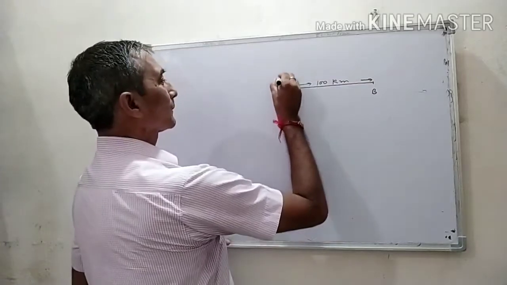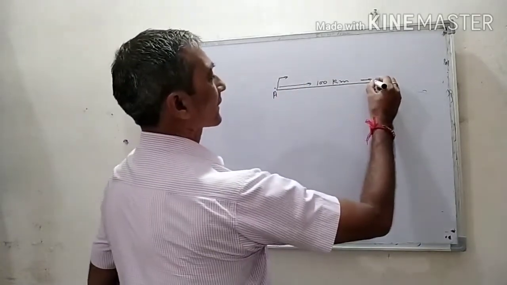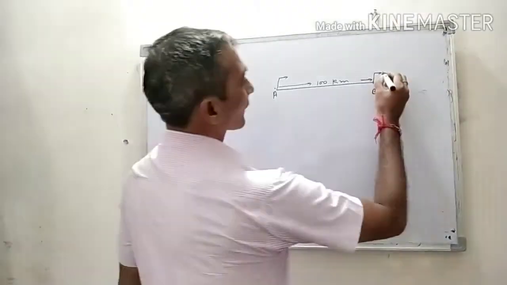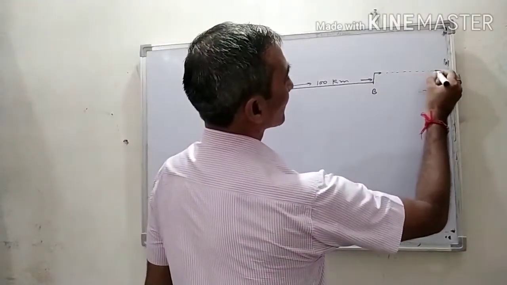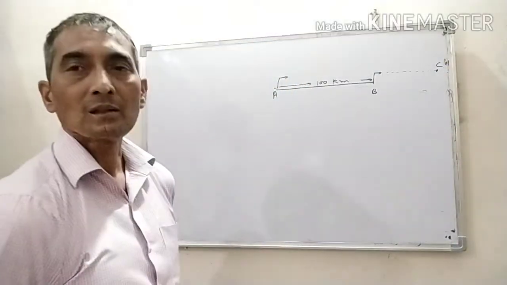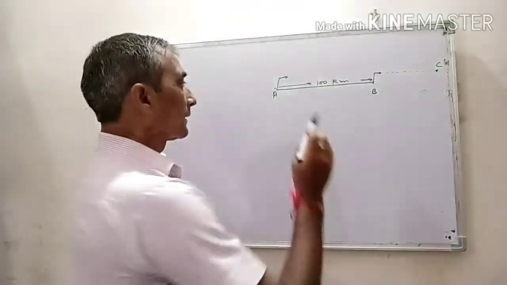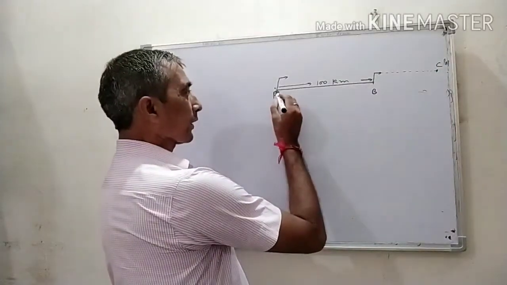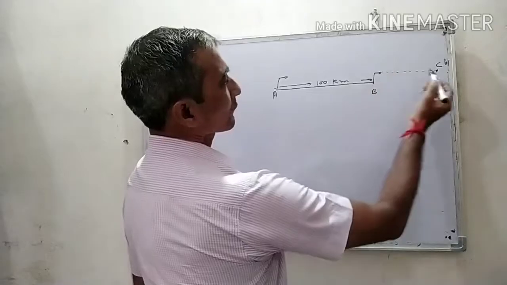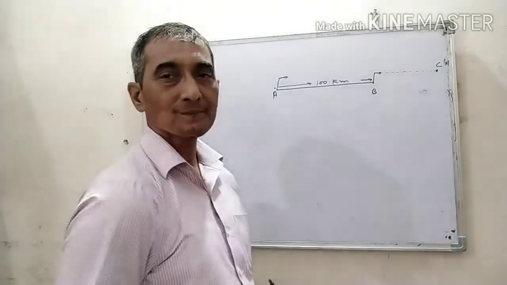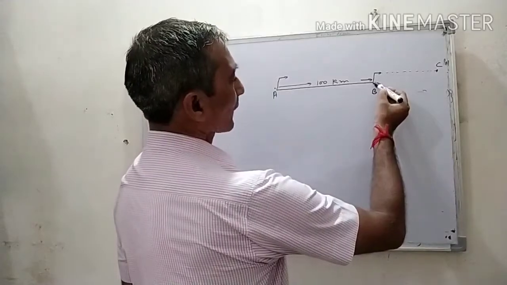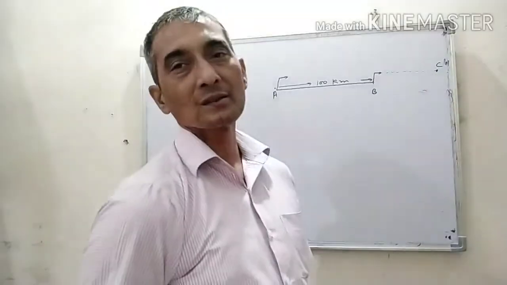Suppose that one car started from here and the second car started from here at the same time, and after some time they meet at this point C. After 5 hours, car A travels the distance from A to C in 5 hours, and car B travels from B to C in 5 hours.